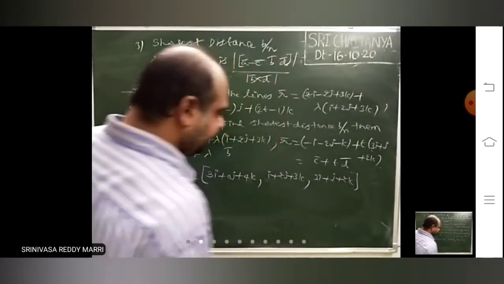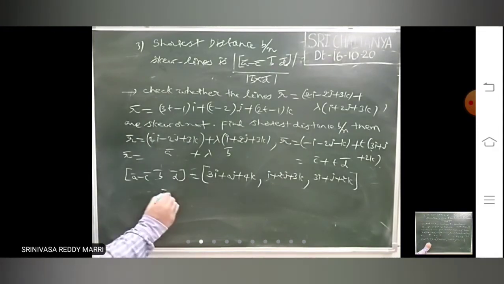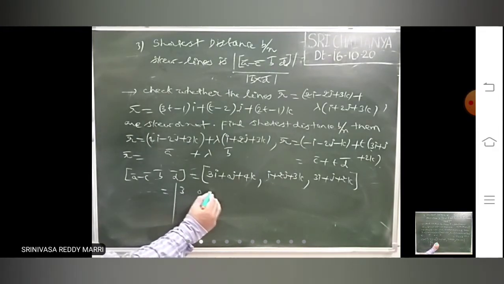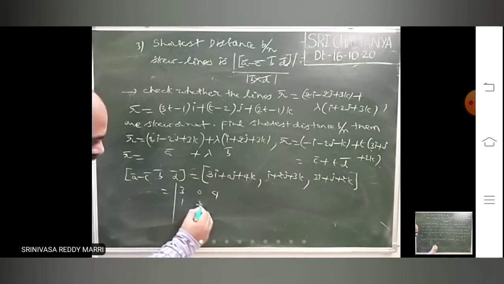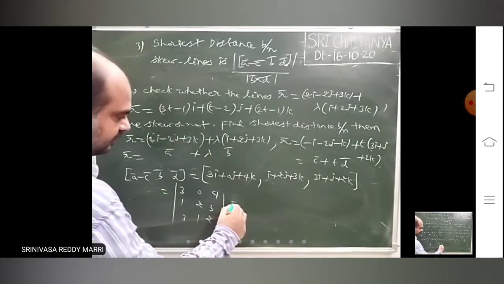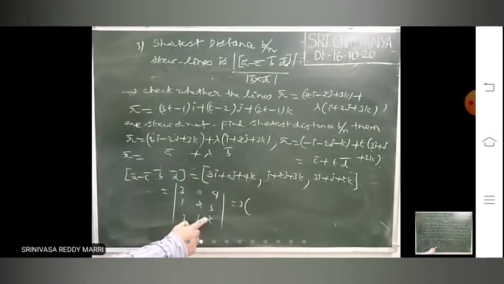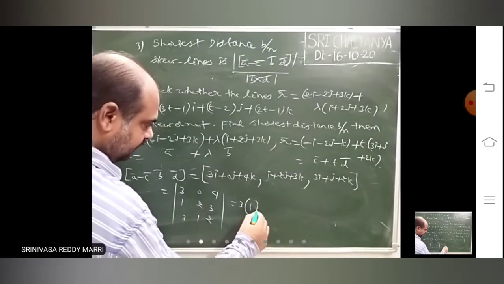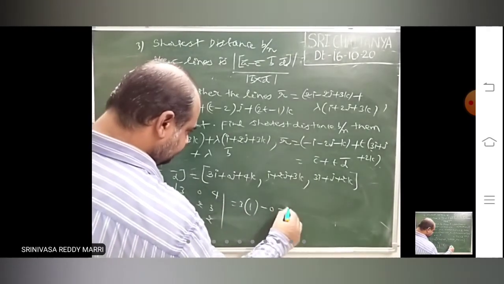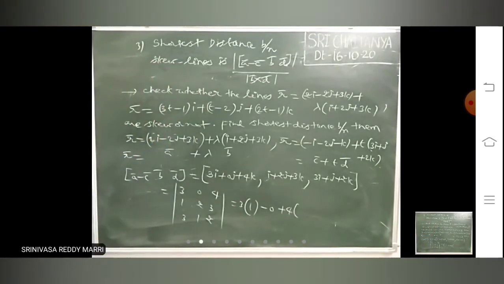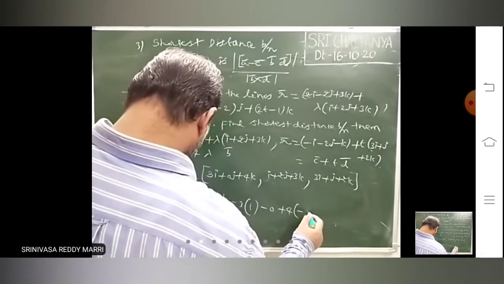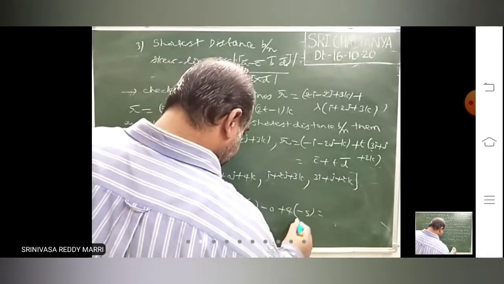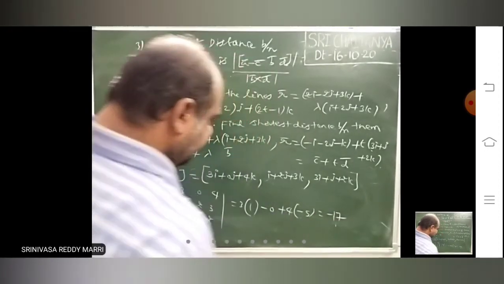Therefore, the scalar triple product of these three vectors is the determinant with rows 3, 0, 4; 1, 2, 3; 3, 1, 2. Let us calculate this value. 3 into (4 minus 3), that is 3, minus 0, plus 4 into (1 minus 6), that is minus 5, so minus 20; plus 3 is minus 17.